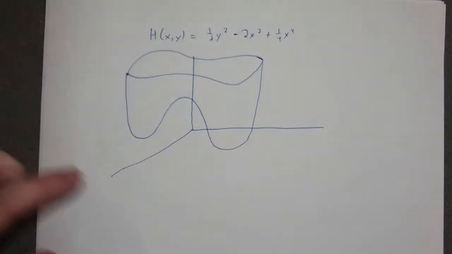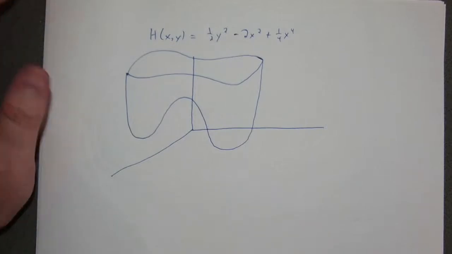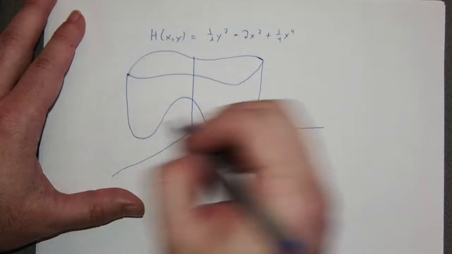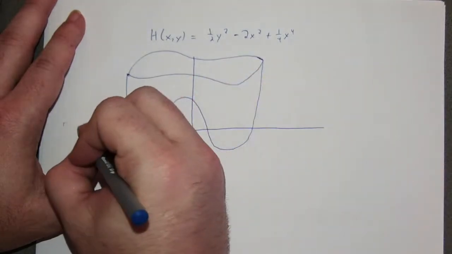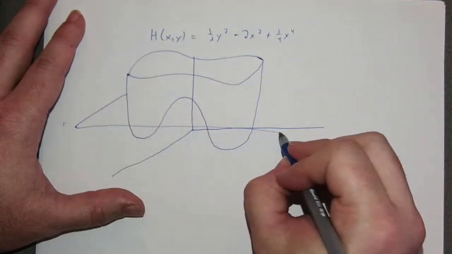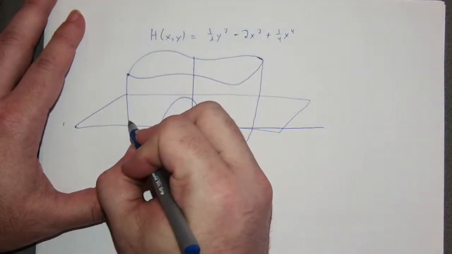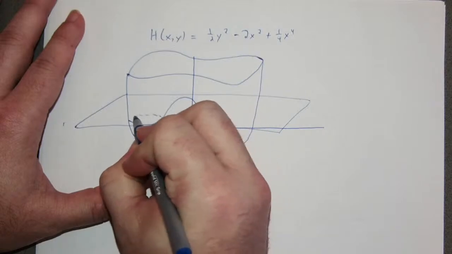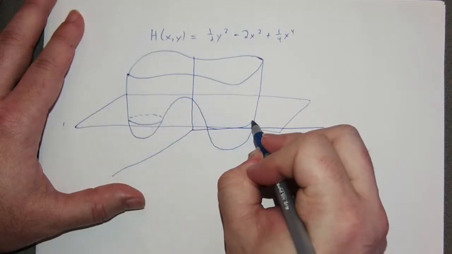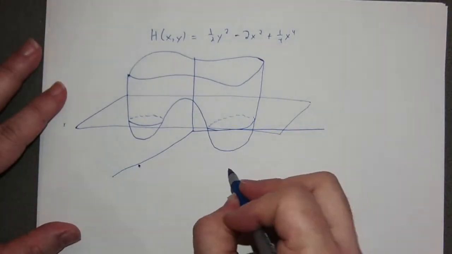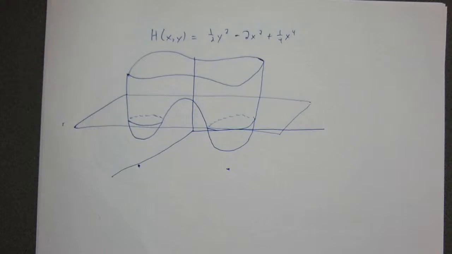I drew it here looking like it doesn't come nearly as far down. The idea is that if I have a cross section formed by a plane cutting through here, I'm only going to get these disconnected curves here, above minus 2, 0, and 2, 0.